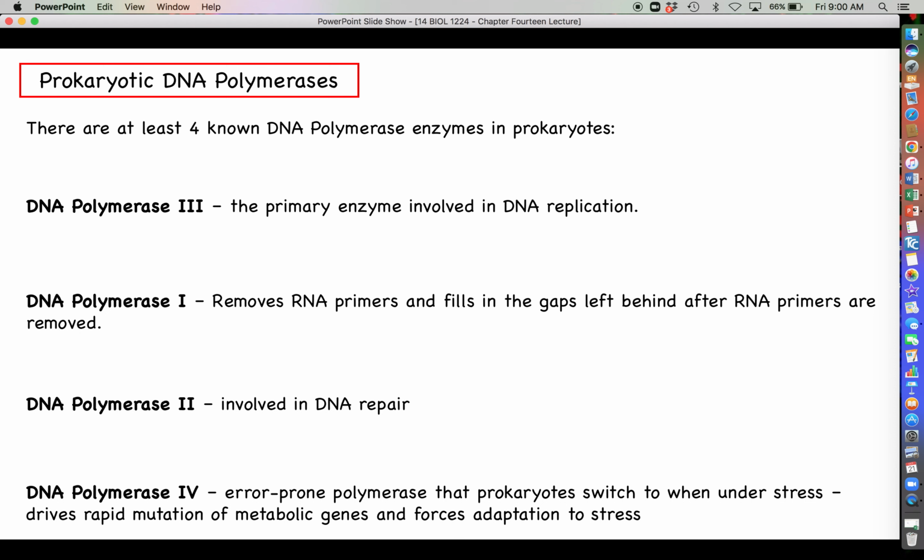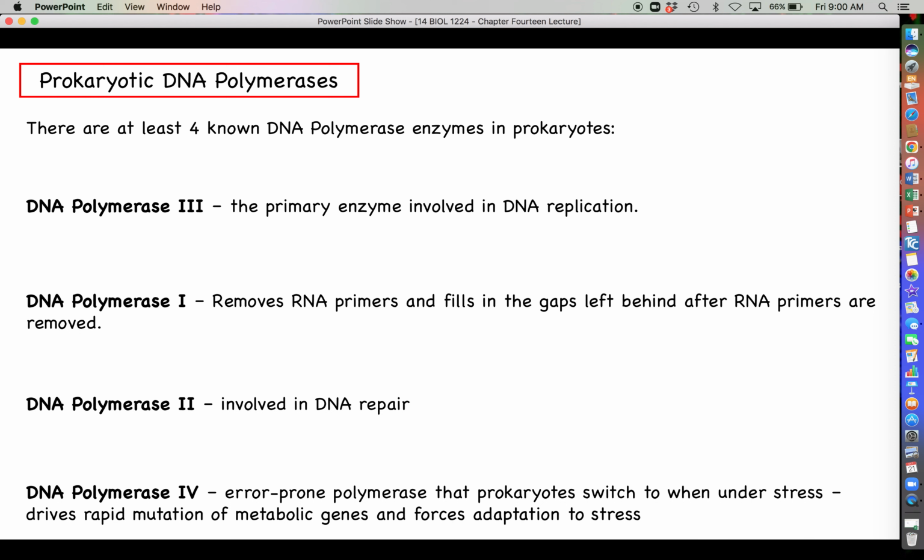It's because this DNA polymerase is only going to be active when the prokaryote is under a lot of stress, like if it isn't able to get enough nutrients or if it's in the presence of an antibiotic. The idea here is that when a bacterium is put under stress, the bacterium will switch over to using this type of DNA polymerase that makes lots of mistakes.